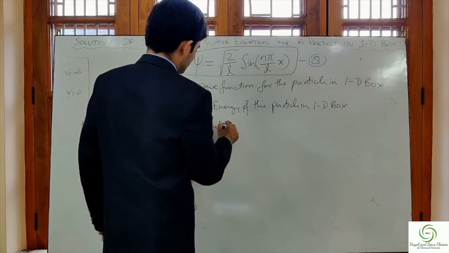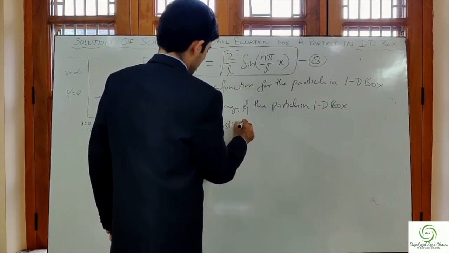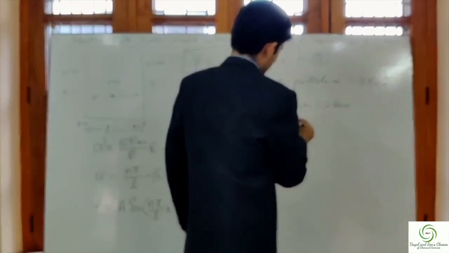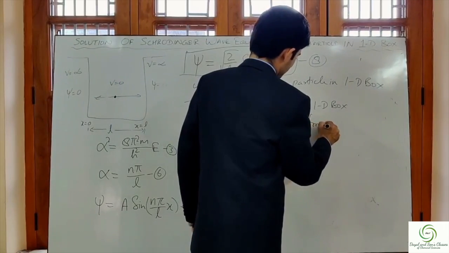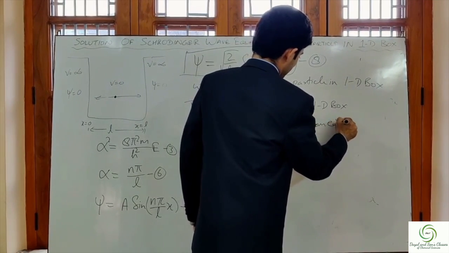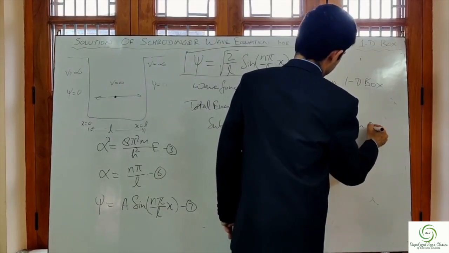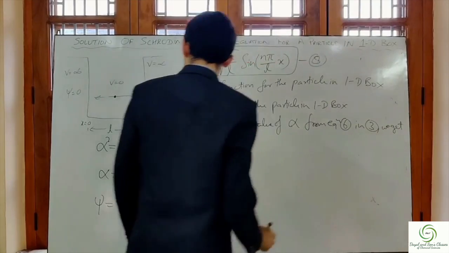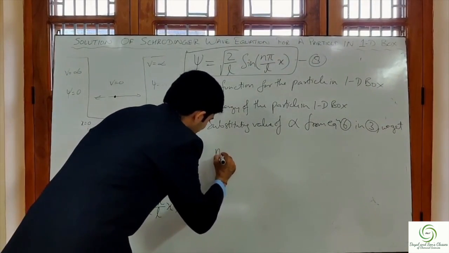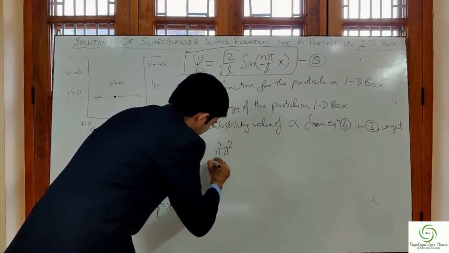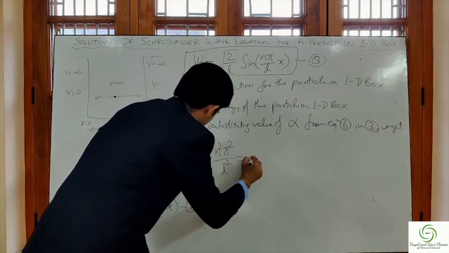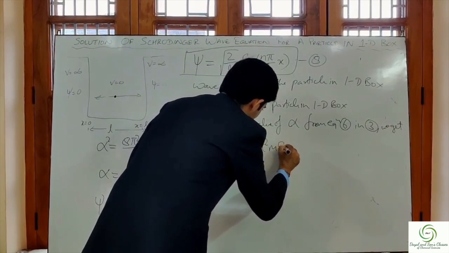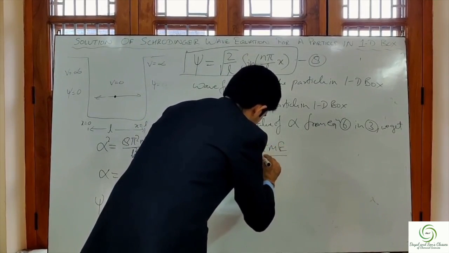Substituting the value of alpha from equation 6 in 3, we get n square pi square upon L square is equal to 8 pi square m E upon h square.